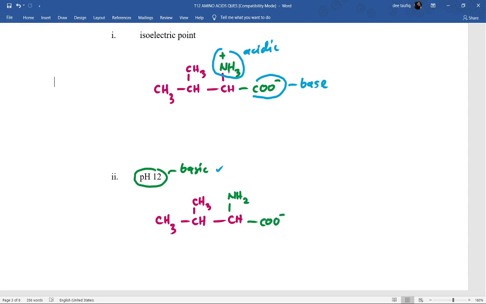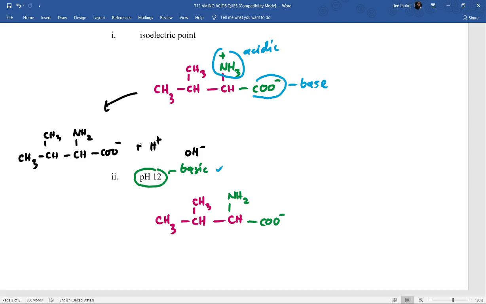Okay, apa yang berlaku kat sini sebenarnya, since this NH3 adalah acidic, so dia akan buang dia punya H, dan that H will bertindak balas dengan basic. Okay, saya ulang balik. Bila dia basic, maksud kita ada sangat banyak OH minus. Okay. So our valine pada isoelectric point, CH3, CH, CH3, CH, daripada sini dia akan NH3, dia akan jadi NH2, COO ni maintain.